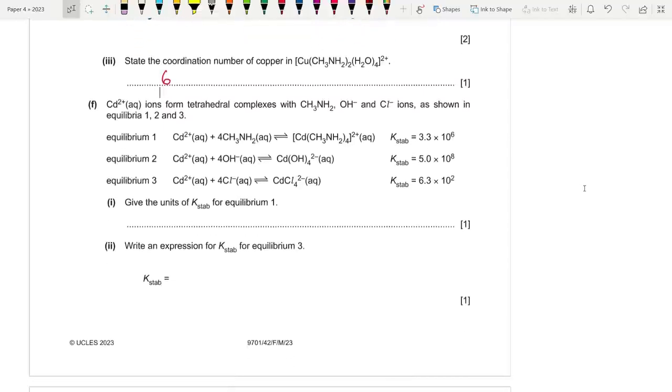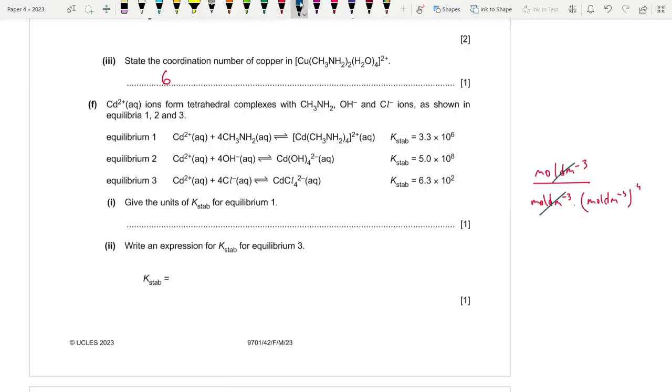Cd2+ ions form tetrahedral complexes with CH3NH2, OH- and Cl- ions, as shown in equilibrium 1, 2, and 3. Give the units of Kstab for equilibrium 1. Basically, it's mol per dm³ above, and below it's mol per dm³ times mol per dm³ to the power 4.